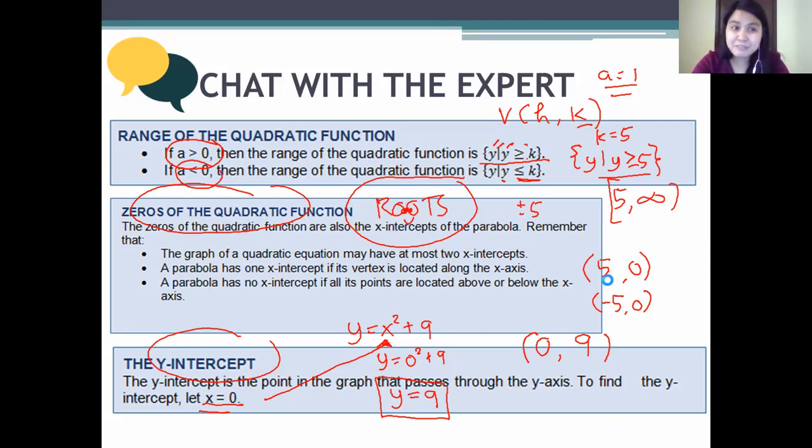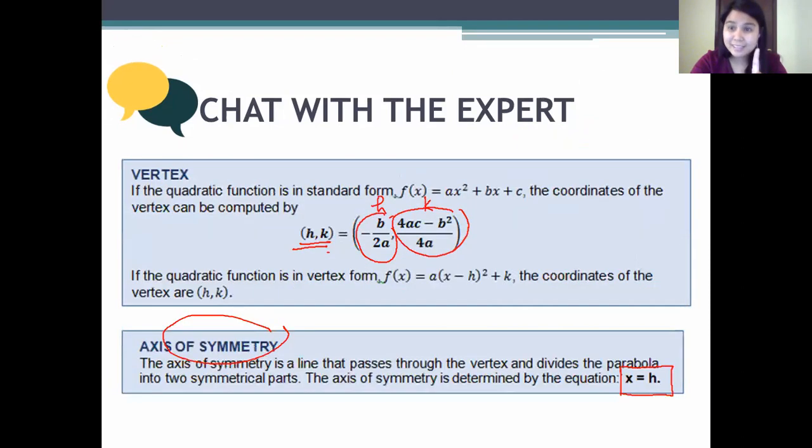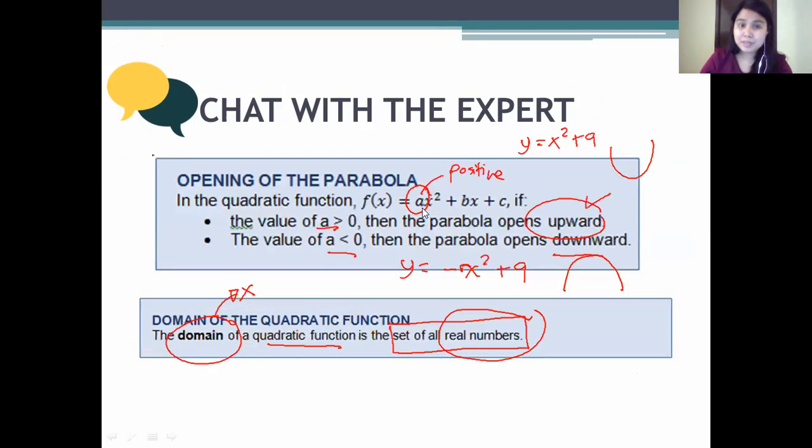Again, let's have a very brief review. Vertex, (h, k). Axis of symmetry, x equals h. Opening of the parabola. If a is positive, it opens upwards. If a is negative, it opens downwards. Domain, all real numbers.